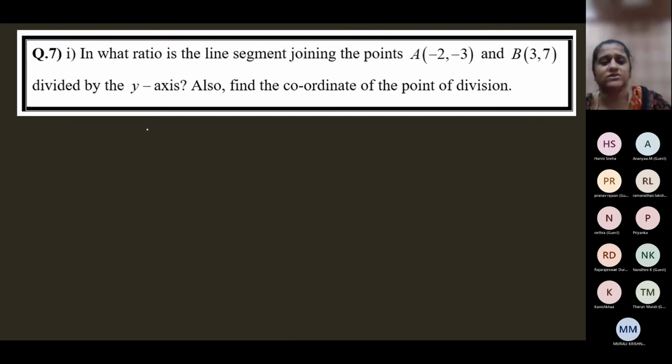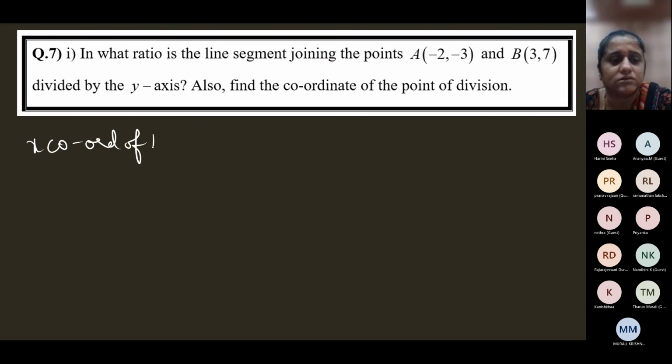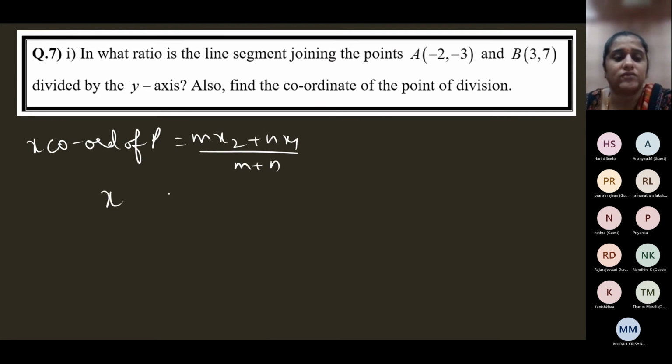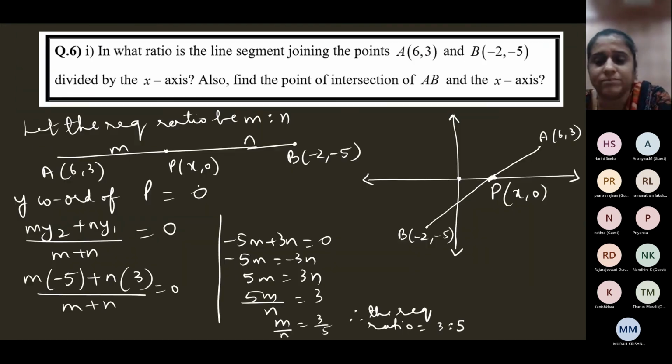So see here, I'll work it here, children. X coordinate of P is equal to (mx2 plus nx1) by (m plus n). So x is equal to, what is m? m is 3, n is 5.